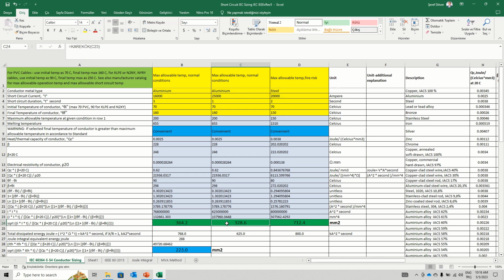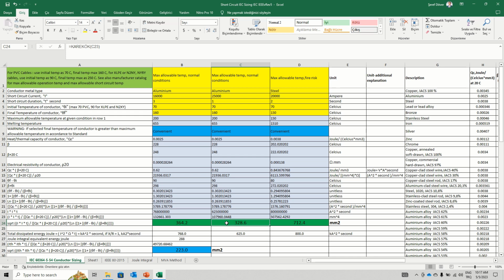Duration is only 1 second. The total required cross section is 328 millimeters square. So this is less than the first one. It doesn't mean that if we have a higher short circuit level we will need more thickness. No, it depends on the time duration together with the square of the short circuit current, because this is the basic definition of energy dissipation.